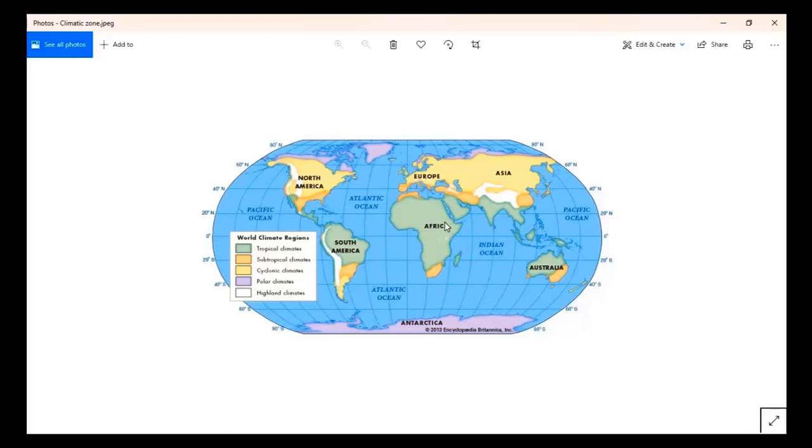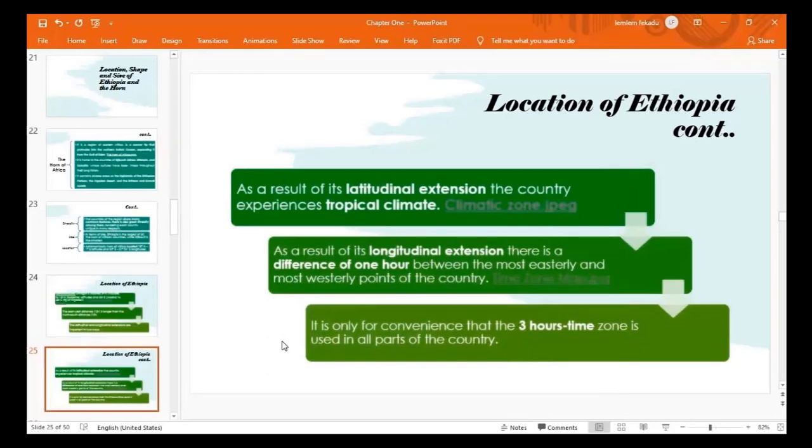So Ethiopia is in this area. As a result of this, Ethiopia experiences tropical climate.